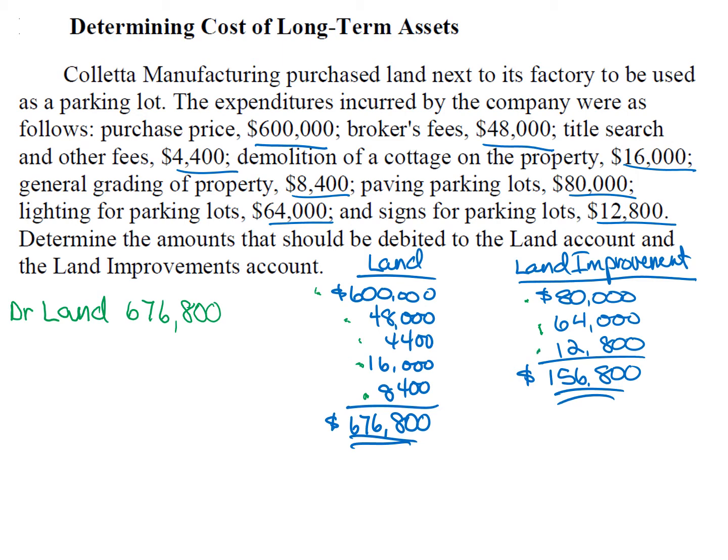So we're going to debit land improvements or parking lot for $156,800, and we'd credit cash, accounts payable, or notes payable for the total sum of both the land and the improvement, because those are the costs that you had to incur in order to acquire the land and also improve it to make it a parking lot.